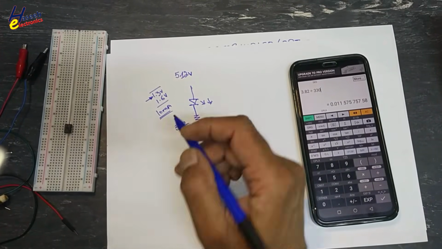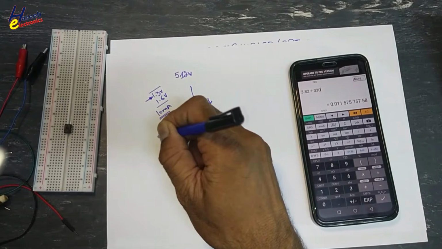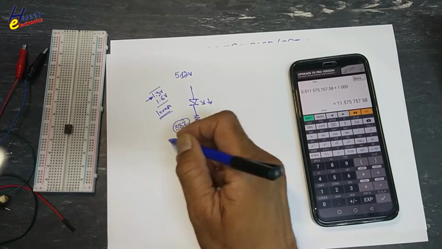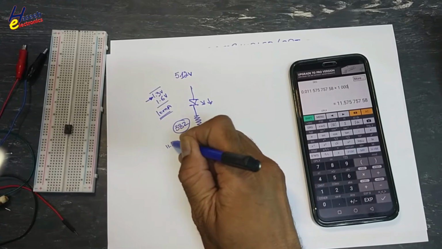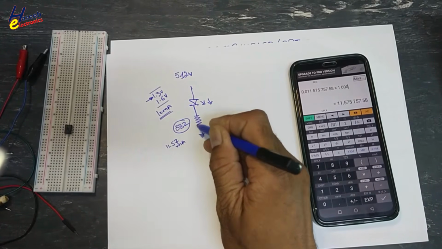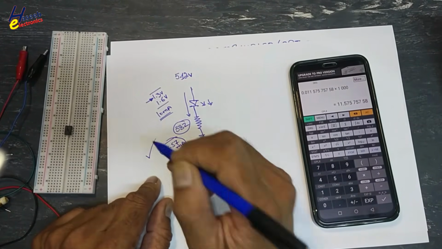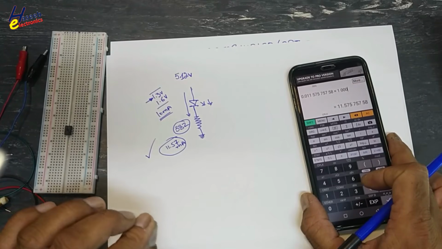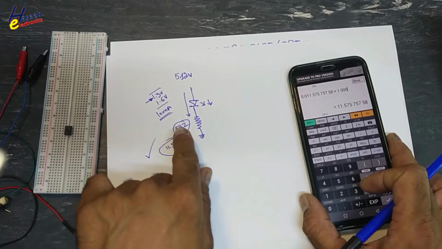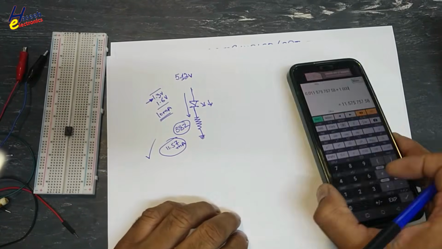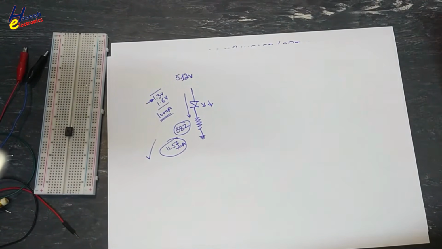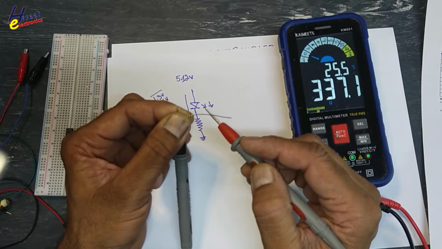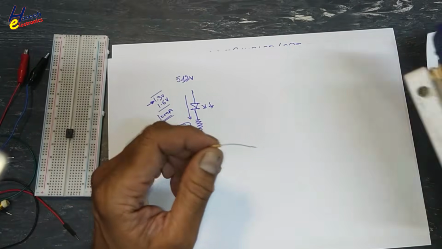If I will connect 330 ohm resistor instead of this one, 11.57 milliampere current will flow in this channel. This is good. If we are designing to take specific CTR, that time we will use 382 or closer value. But now I will use 330 ohm resistor. 337, that's good. With tolerance, okay.